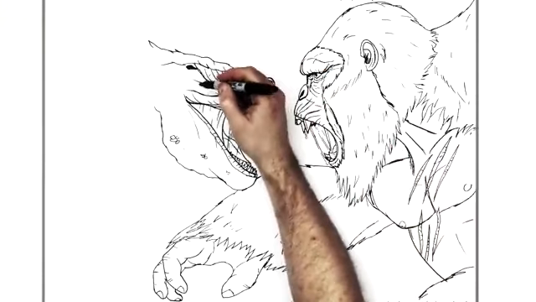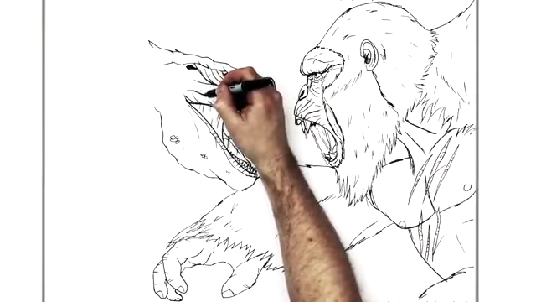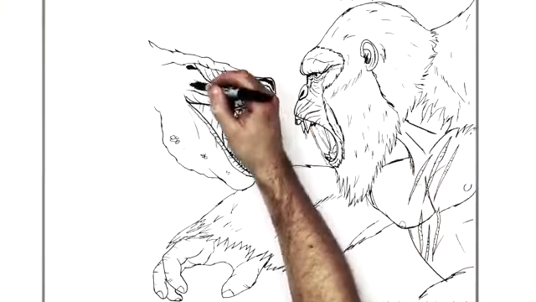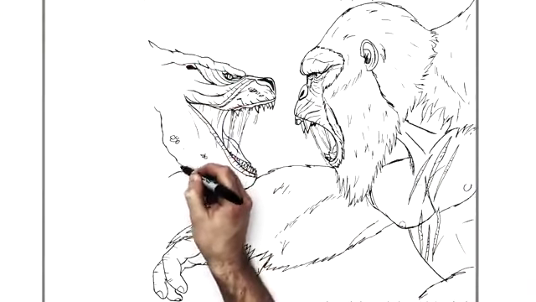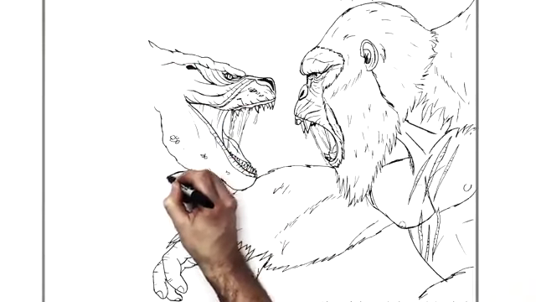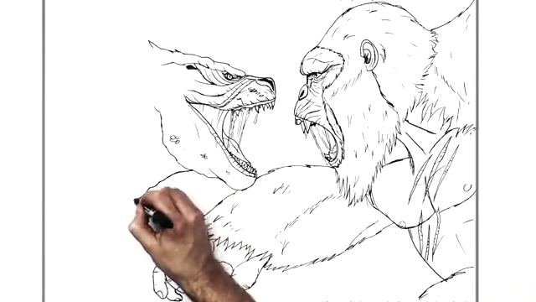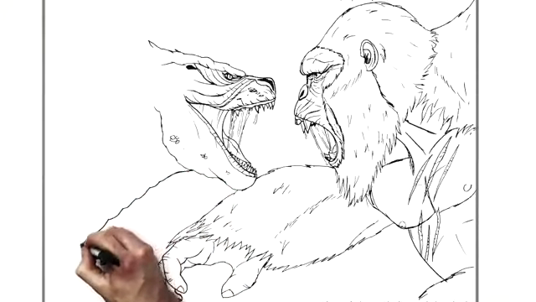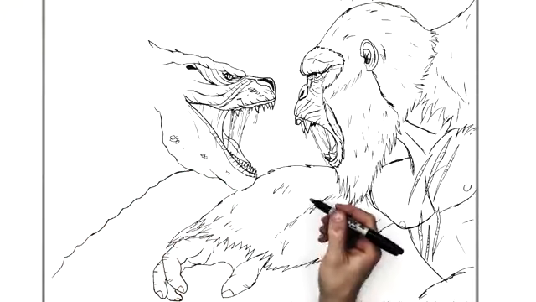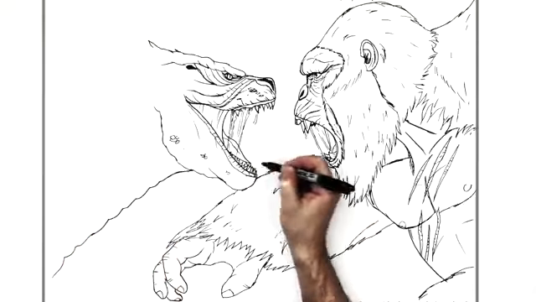Okay, so let's see. So the rest of his sort of neck, right? So his neck sort of comes down this way, right? So it sort of bumps every now and then, and it's got scales coming down here.